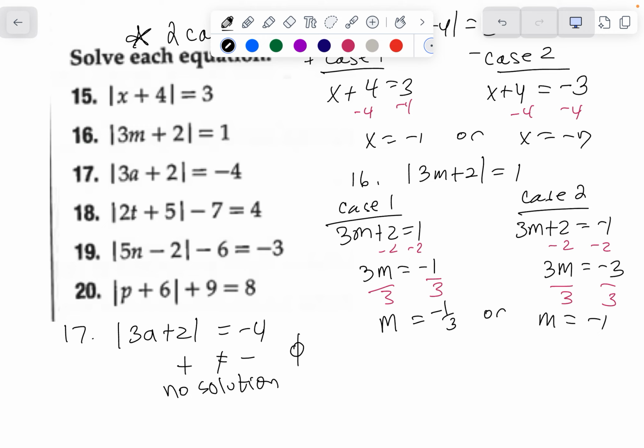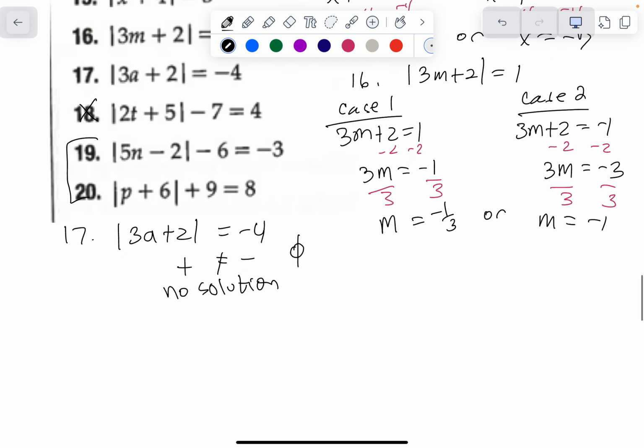But I want to take a look at why 18 and 19 are different. Do I have one like that? Well, let's do 19 and 20. We're not going to do them all. I just want to talk about them just slightly.